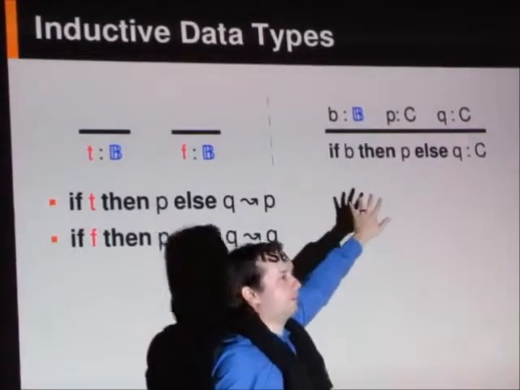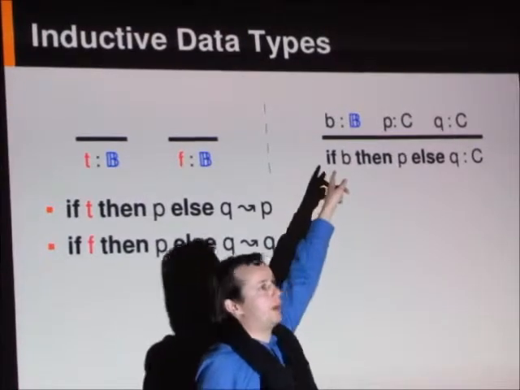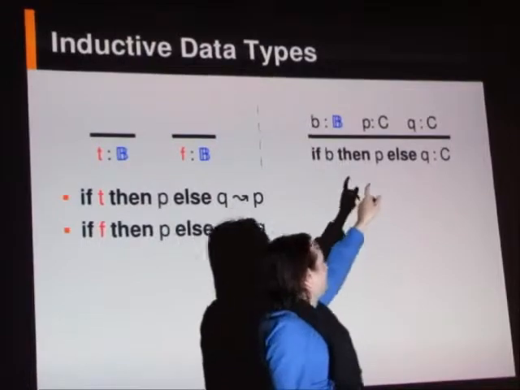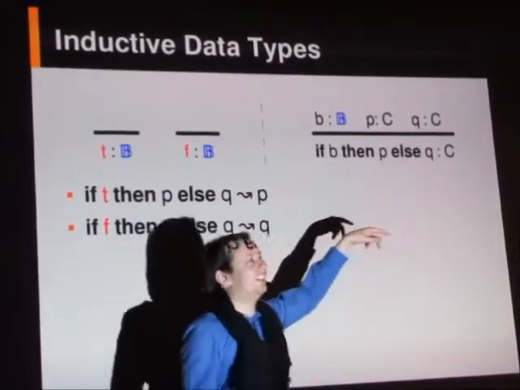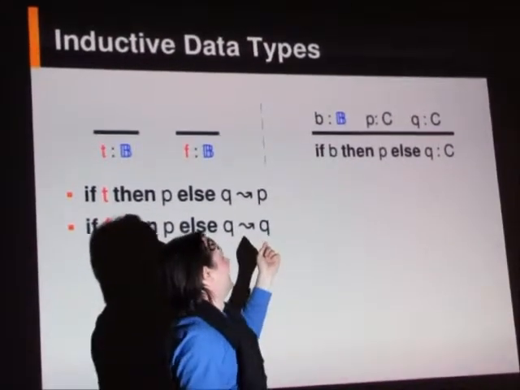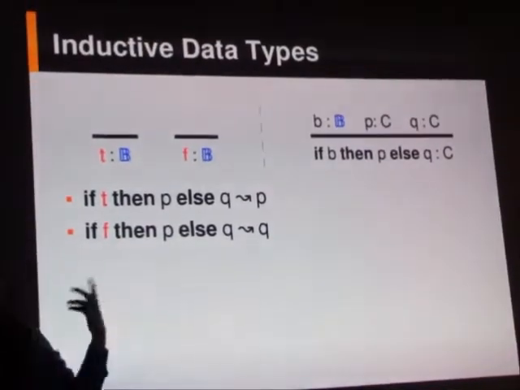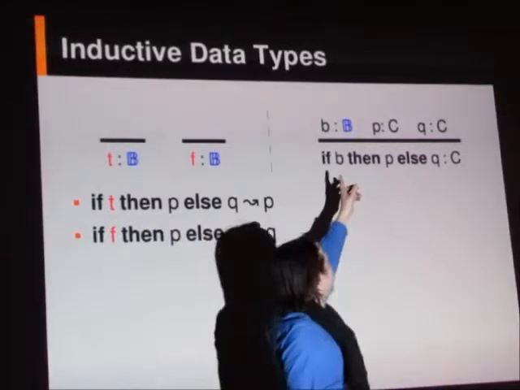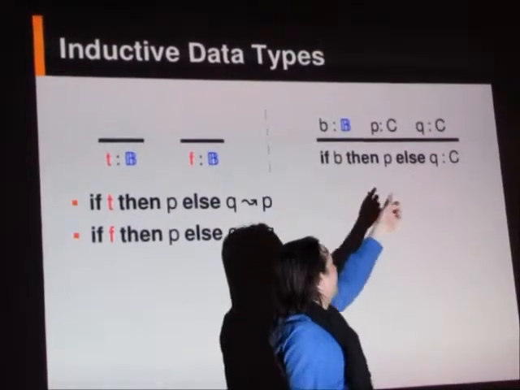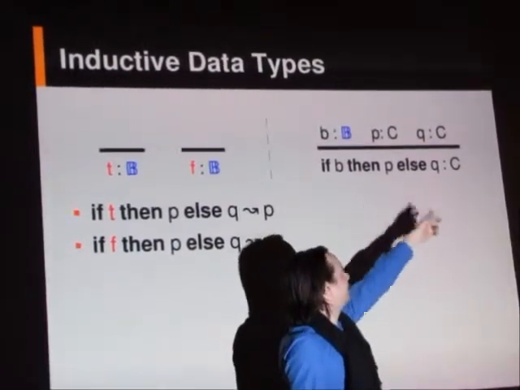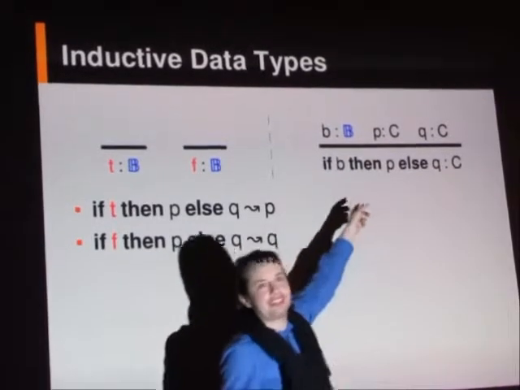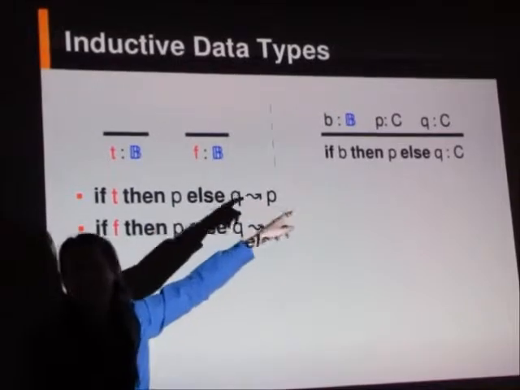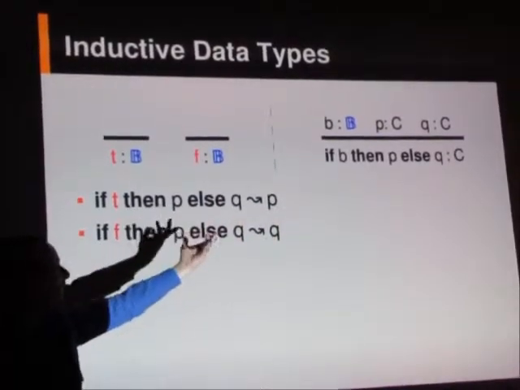We'll also need elimination rules. So if you have some arbitrary Boolean B, and you have two arbitrary proof objects of C, you can put them together. So we've left the realm of logic here, right? You can put them together to get this elimination rule: if B, then P, else Q. And this is really stupid from a logical point of view, because if you could prove C twice even, you could just have C, right?